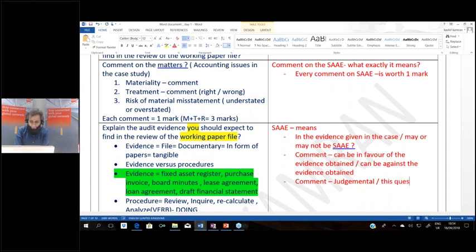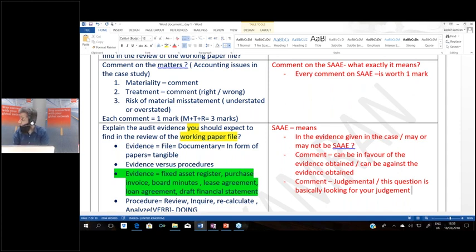This question is basically looking for your judgment, whether you believe the evidence is sufficient or not sufficient. So is type 1 and 2 clear to everyone?